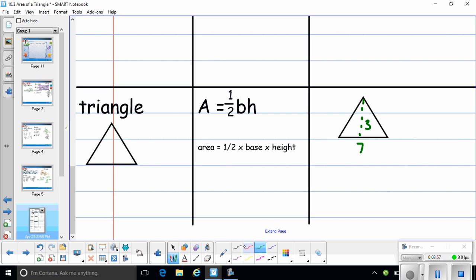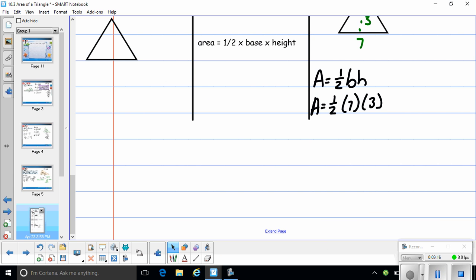We're then going to go ahead and fill in the equation. Area equals 1/2 base times height. And I have my base is 7, my height is 3. If I extend this, 7 times 3 is 21. And then I have to figure out half of 21.